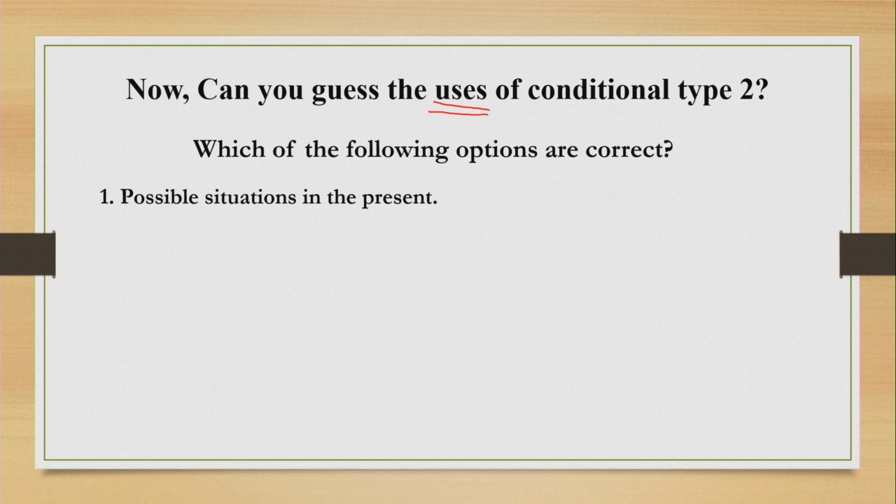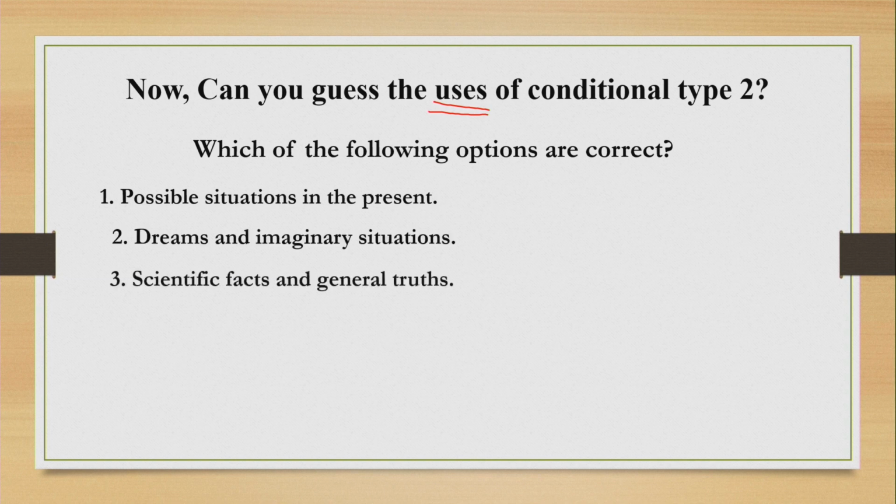We use conditional type 2 with possible situations in the present. If it's correct, you say correct. If it's not, you say no, it's incorrect. So we have possible situations in the present, or dreams and imaginary situations, or scientific facts and general truths.